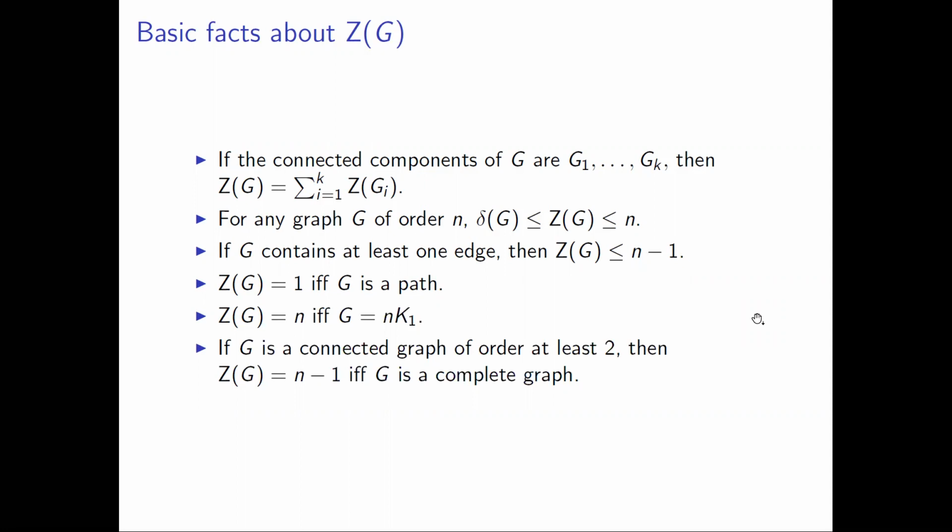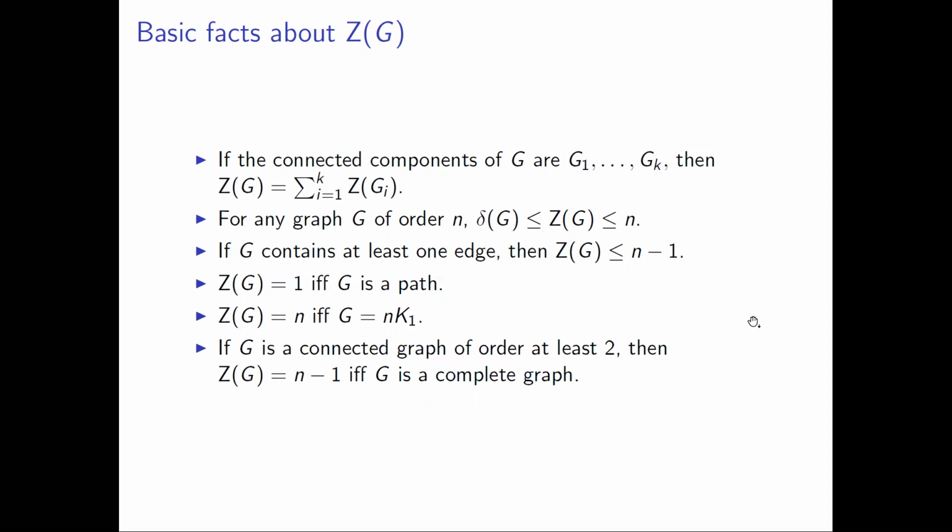More specifically, we can consider connected graphs of order at least 2. And we can say that for these graphs, the zero forcing number is n minus 1 if and only if the graph is complete. So we already saw that the zero forcing number of the complete graph of order n is n minus 1. On the other hand, we can suppose that we have a graph of order n that is not complete. This means that there are two vertices in the graph, u and v, and there's not an edge between them.